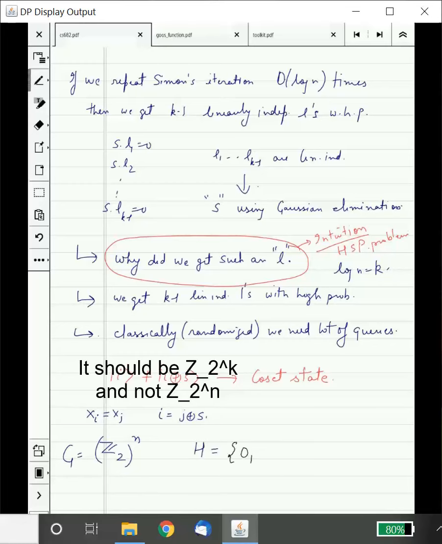This has size 2. The condition which was given to us basically says that my function, or x, whichever way you want to put it, you can say xi or fi, we have discussed this multiple times, the function is constant on each coset of H.